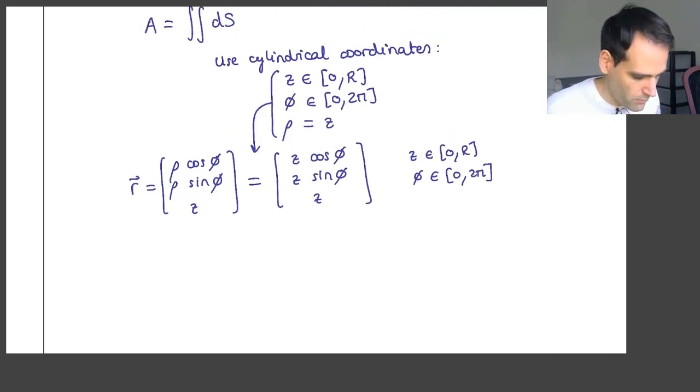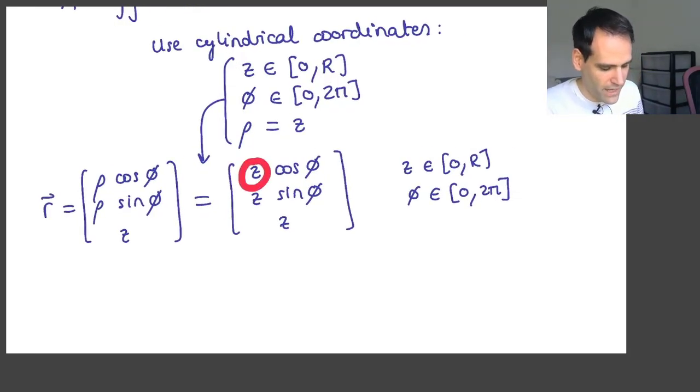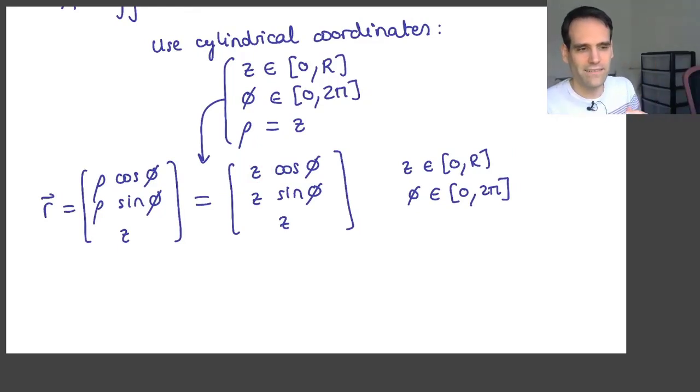Now someone could ask me, Paco, could you leave rho as the parameter changing between 0 and r and have z equals rho and substitute here z equals rho? Yes, you can do that, and it will be identical. You will have here rho, rho, and rho. Math will give you the same result because math doesn't care if you call a symbol z, or rho, or with the drawing of a cat, right?